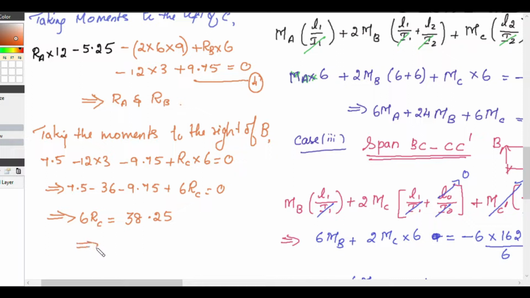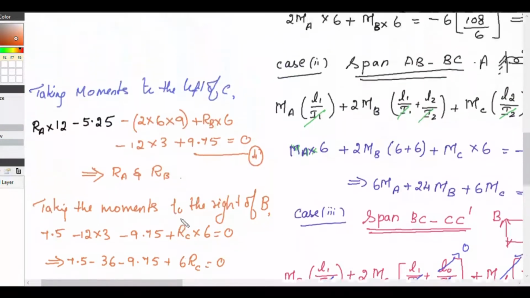So from which we get RC is equal to 38.25 divided by 6. We get 6.375 kilonewton. So this is RC.